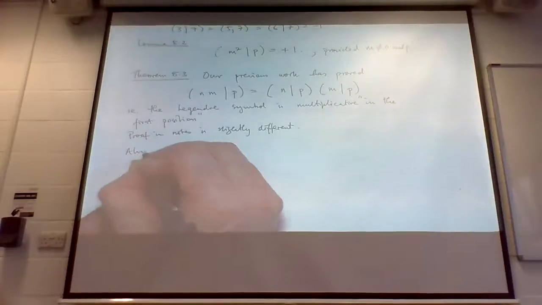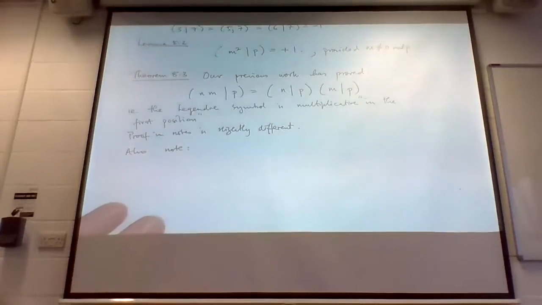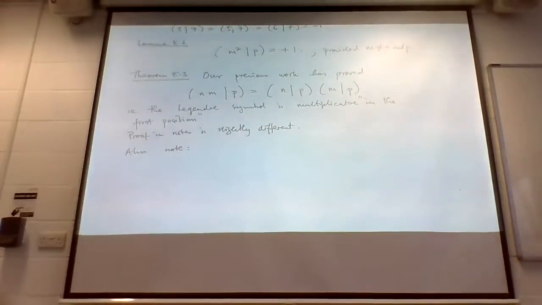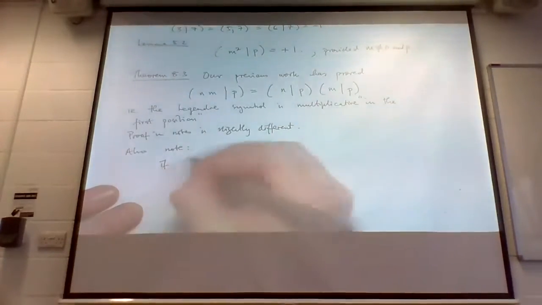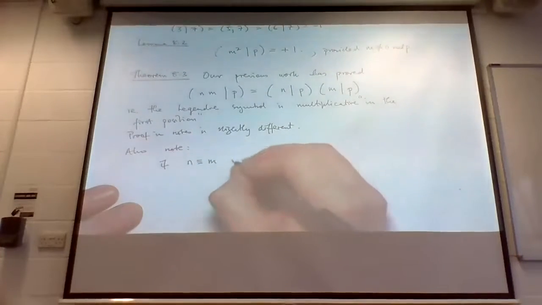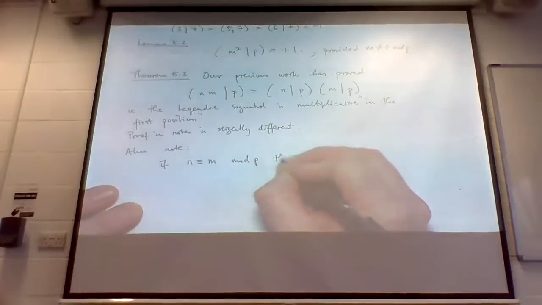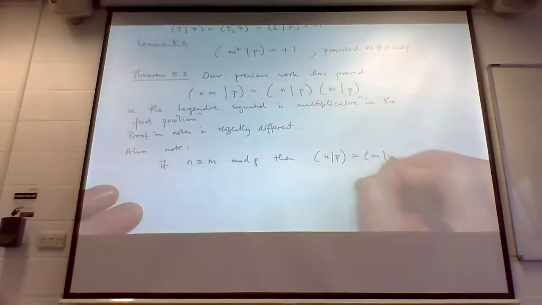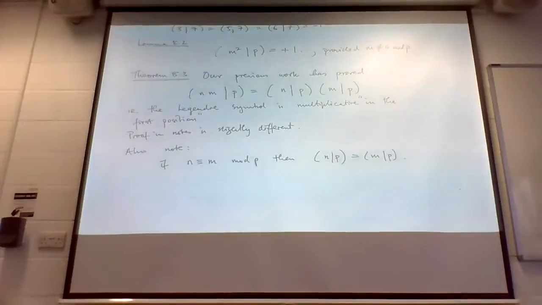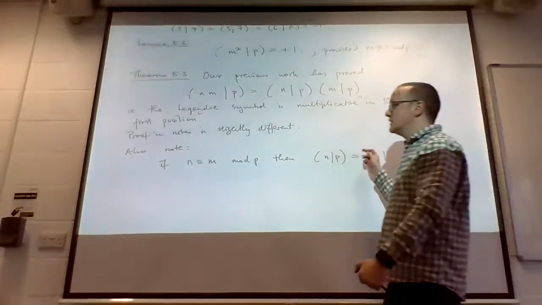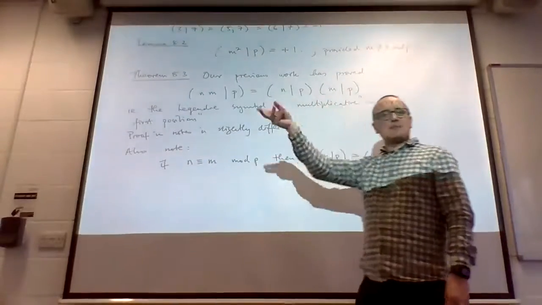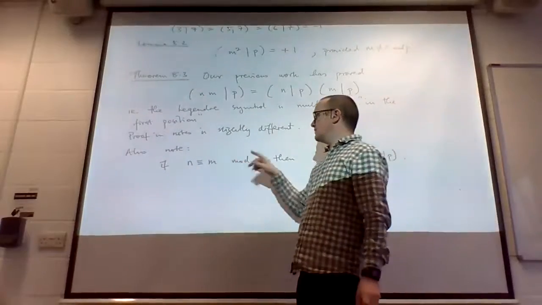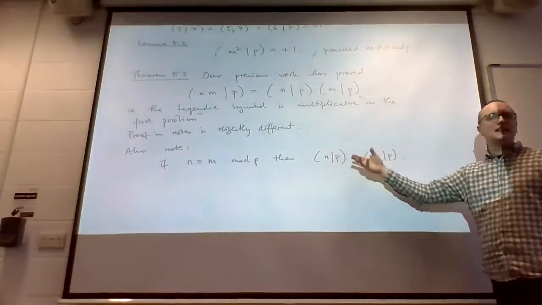Also note, as well as being a multiplicative function, that if n is congruent to m modulo p, then the two Legendre symbols have to be equal. Because our definition of being a quadratic residue is a statement about the congruence class represented by n. So if n and m come from the same congruence class mod p, they're clearly going to have the same value.